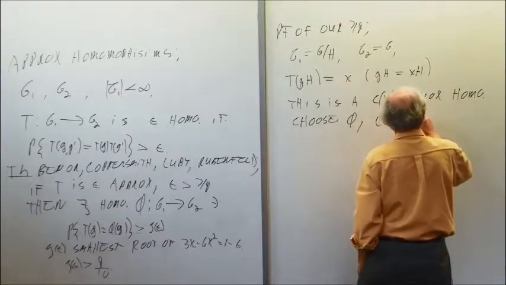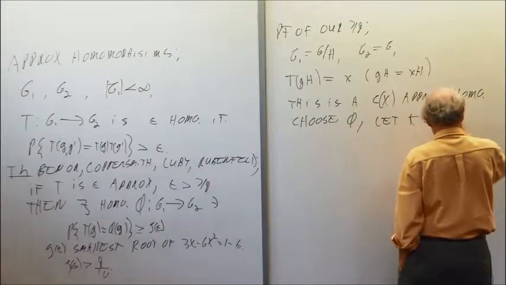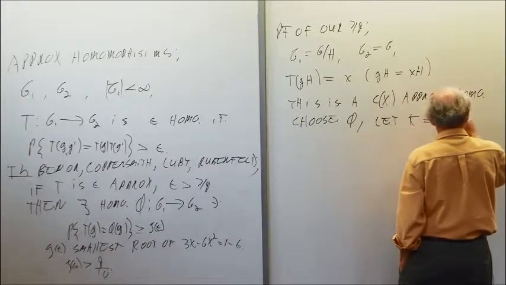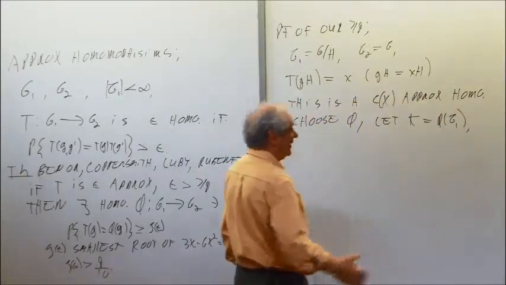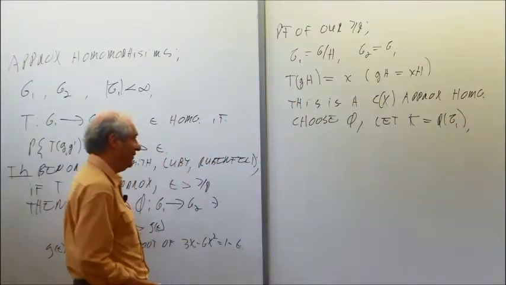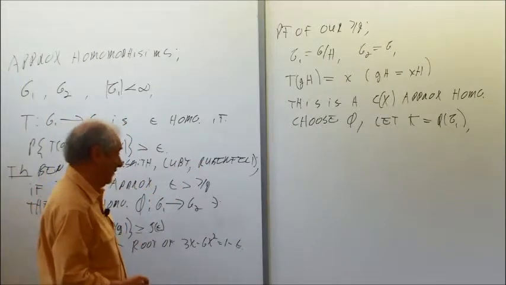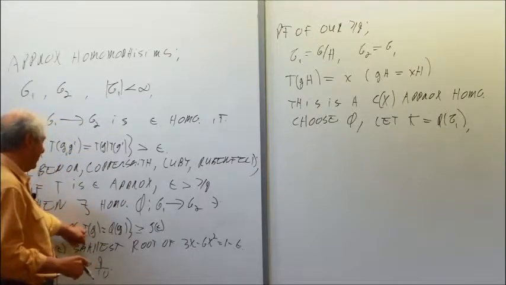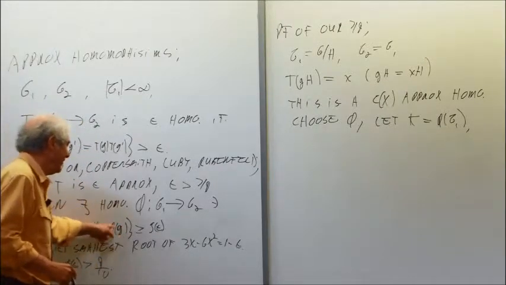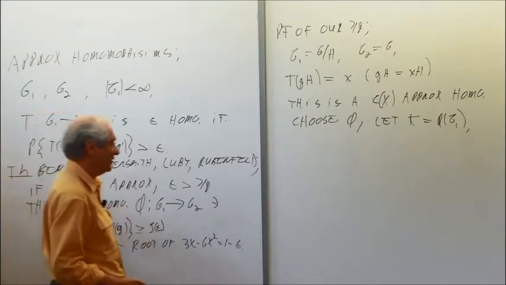That's a subgroup, equal to the image phi of G1, and that's going to be our subgroup. From their conclusion, T and phi are equal more than 9/10 of the time.